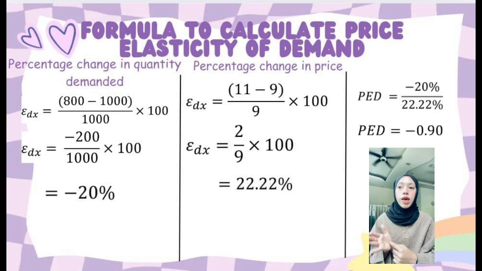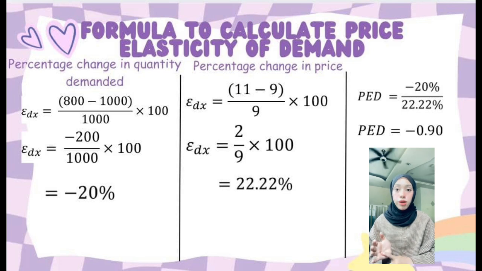So you can get a negative 200 per 1000 multiply 100. So the final answer is negative 20%. So that is the final answer for change in quantity demand.